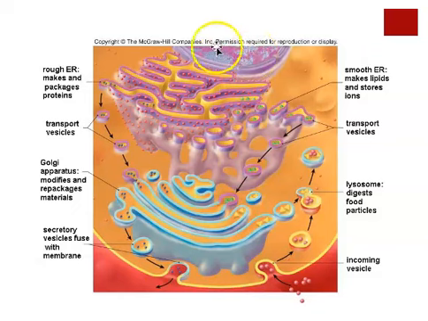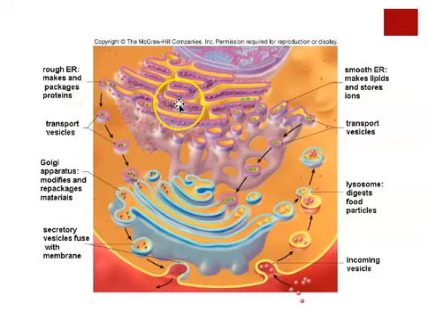When proteins are produced and move through the rough endoplasmic reticulum, the next step for the proteins is the Golgi apparatus. But these structures aren't physically connected to each other. So how do we get protein from here to here? The answer is we build a transport vesicle.